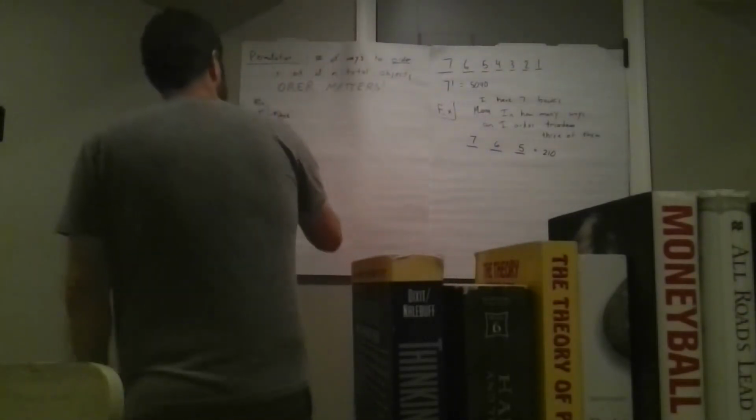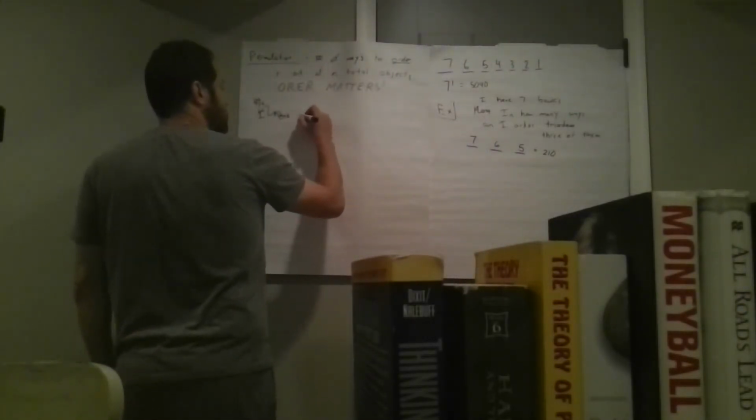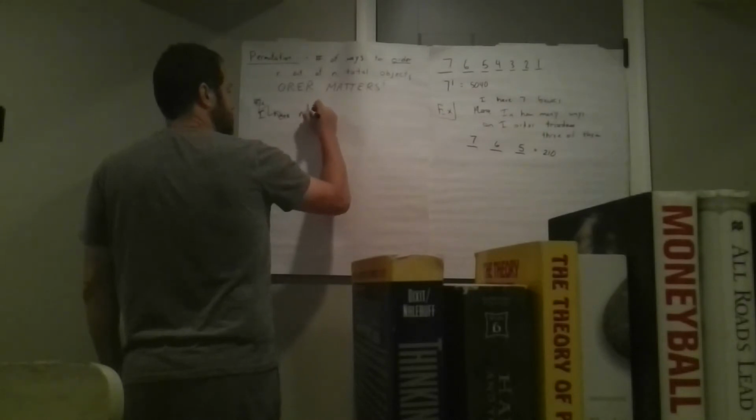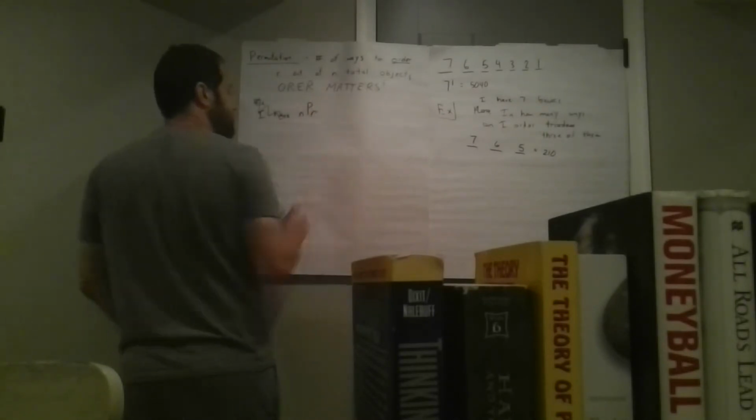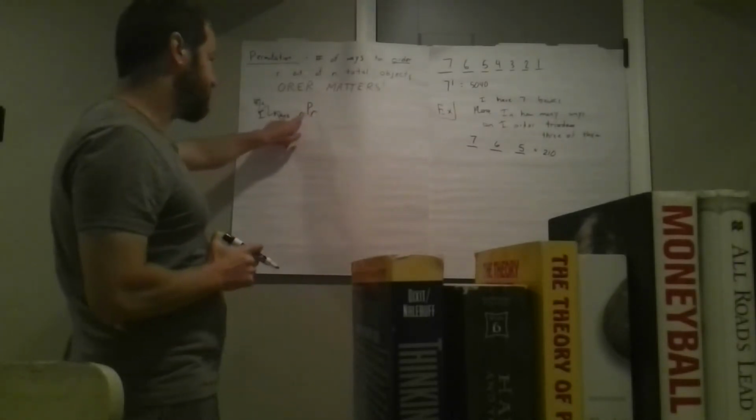Another way of writing this, for a permutation, we write nPr. The P stands for permutation.